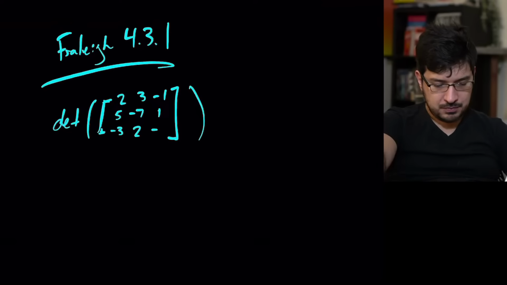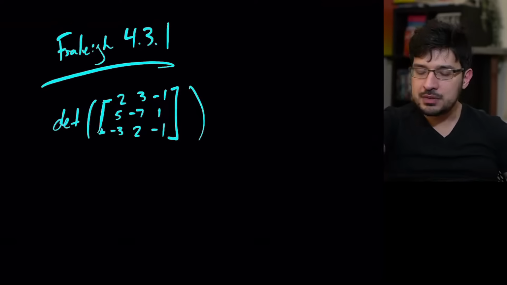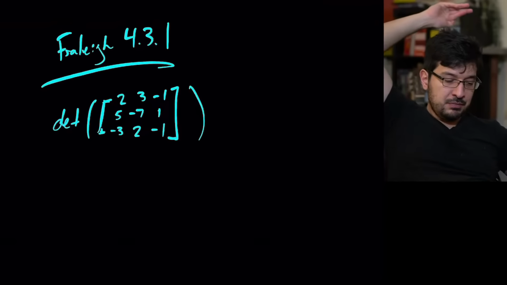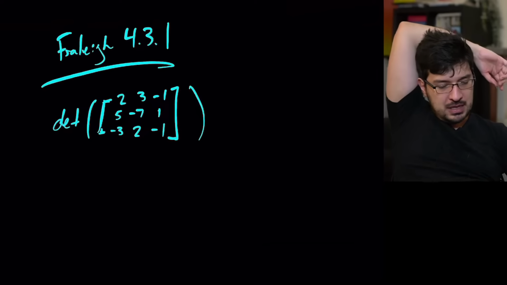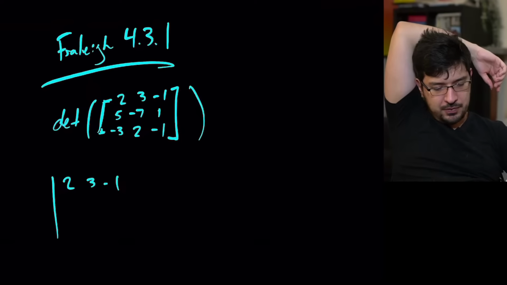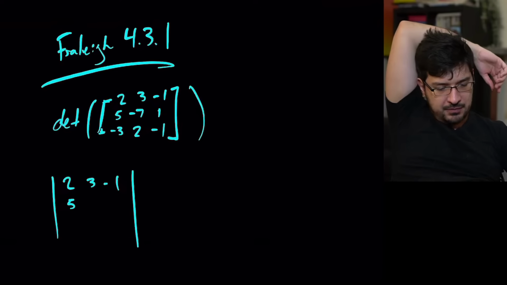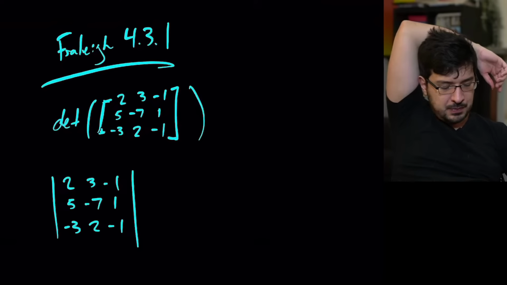I like the bar approach. The matrix is 2, 3, -1, 5, -7, 1, -3, 2, -1.